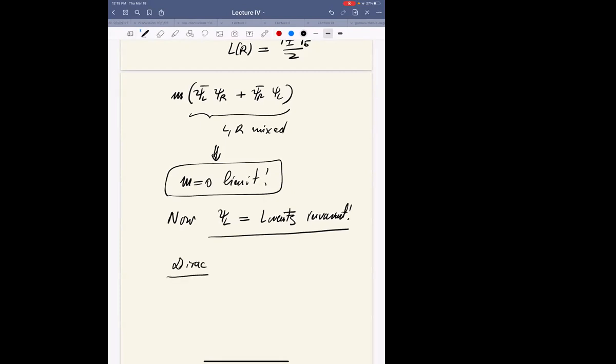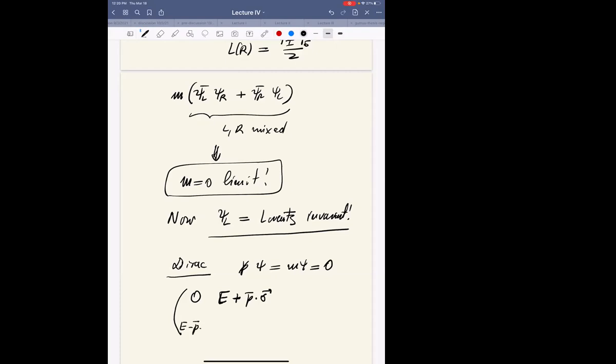Let me just remind you, I hope that you know that. The Dirac equation says that P slash psi is M psi, but this is 0. So I have P slash, and remember in my notation, how does P slash look like? This is 0, this is E plus P times sigma. Remember what my off-diagonal matrices were?